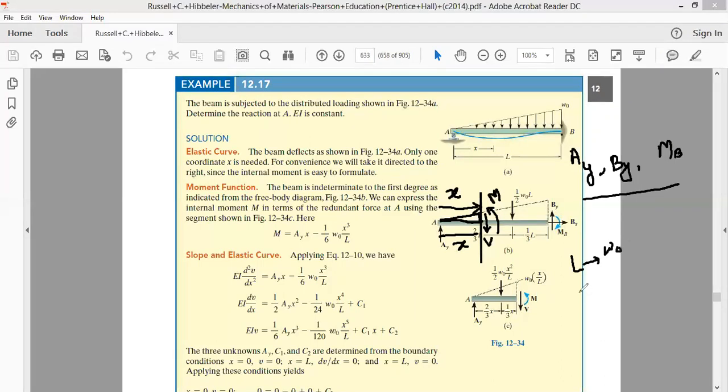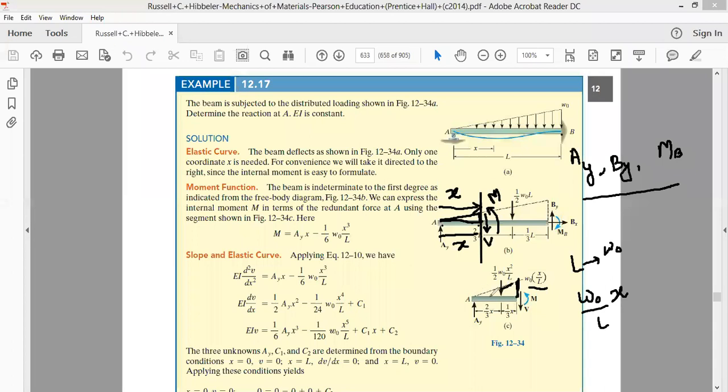When the length is 1 unit, the intensity of the load will be W naught by L. When the length is x, it will be W naught by L into x. So at a distance x from end A, the intensity of the load will be W naught x by L.